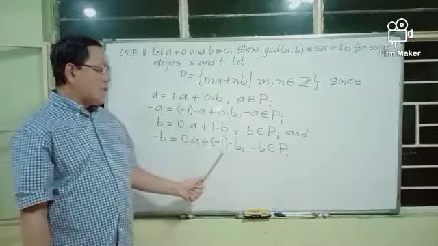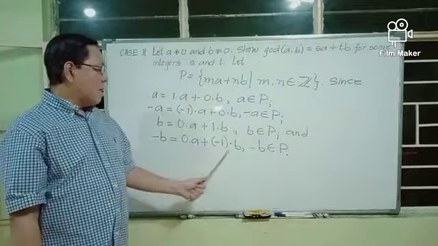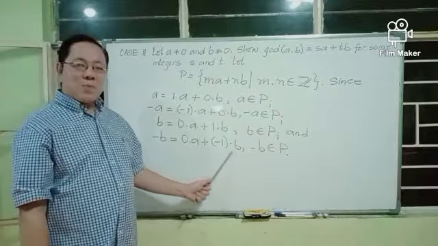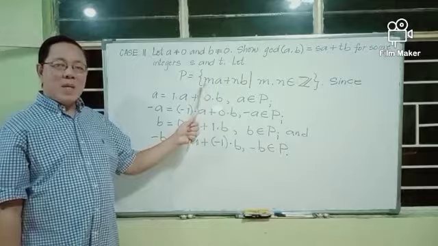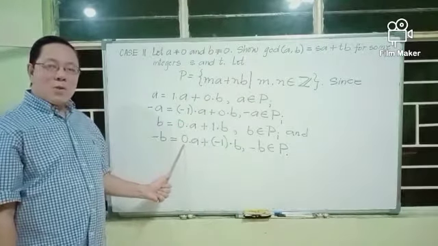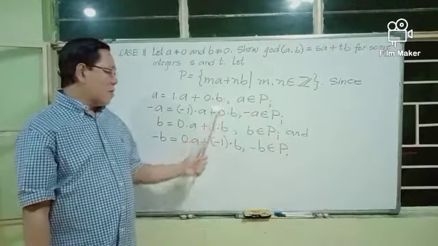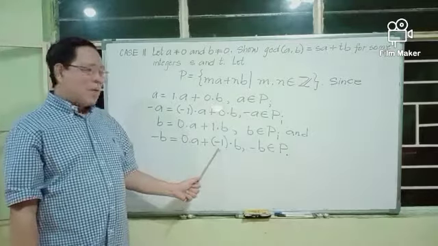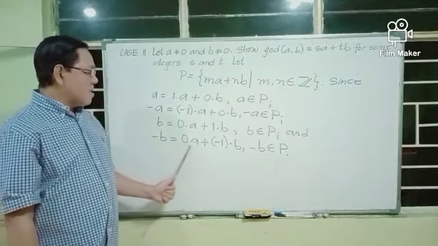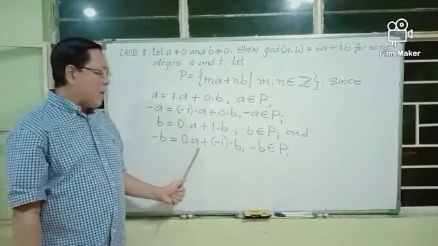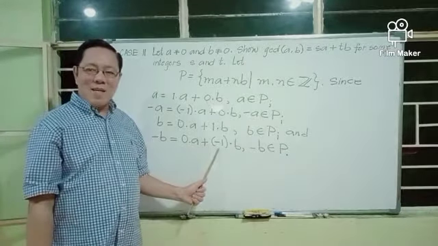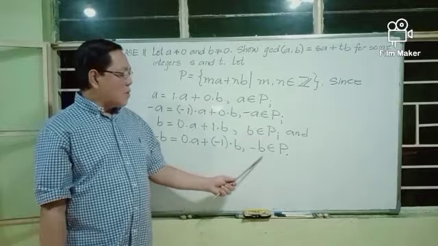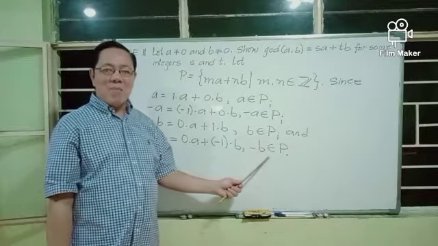This is a linear combination of a and b, and this expression is of this form, ma plus nb, where m is equal to 0 and n is equal to negative 1. Because minus b is a linear combination of a and b for m equals 0 and n equals minus 1, we conclude that minus b is an element of P.